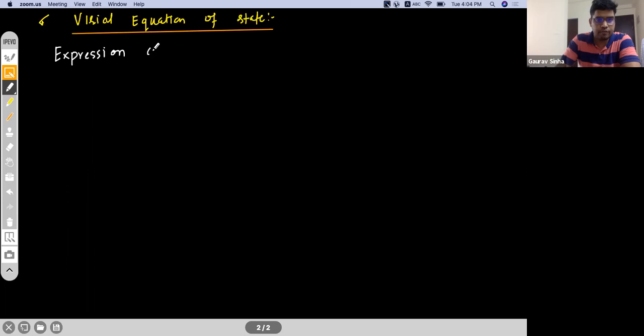It is the expression of Z, that is compressibility factor, in terms of a power series of 1 by Vm. Vm is the molar volume.